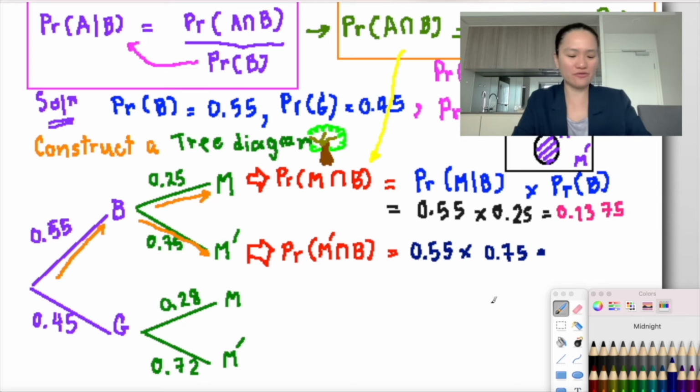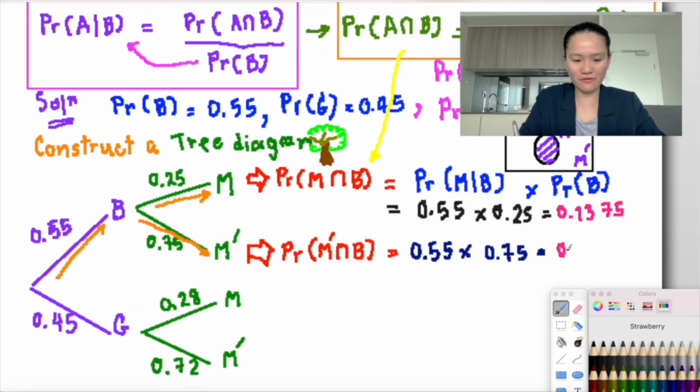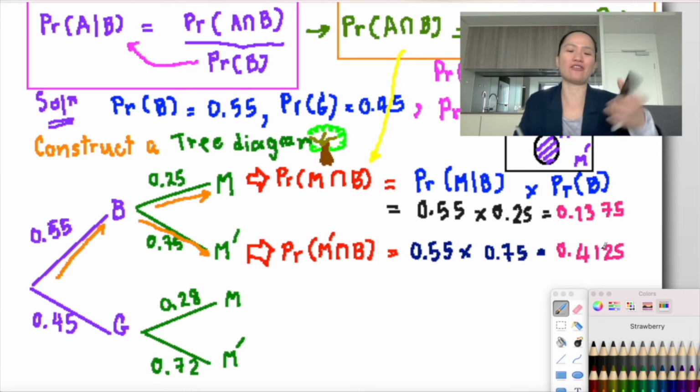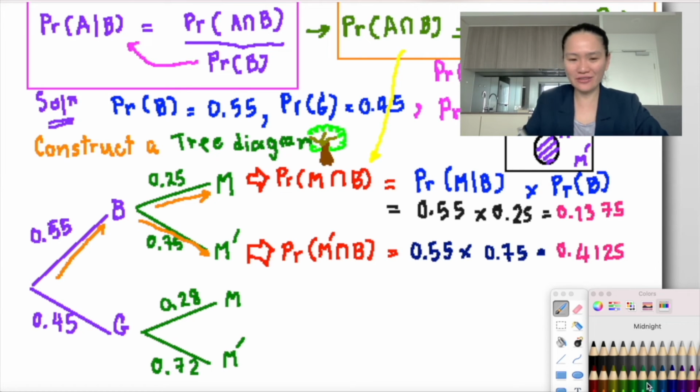You're going to help me to find out. 0.55 times 0.75 equals 0.4125. Let's do it again one more time to double check. Yes, it is 0.4125. Good job. Let's go to the next one.